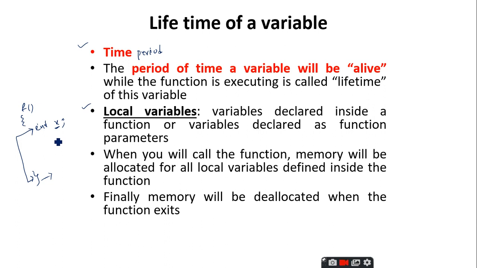So these are the two important points you have to understand. When you call the function f, memory will be allocated. When you execute the function and the compiler comes to this particular point, memory will be allocated. And you can make use of this variable within this particular scope. And when you come out of this function, the memory will be deallocated automatically.